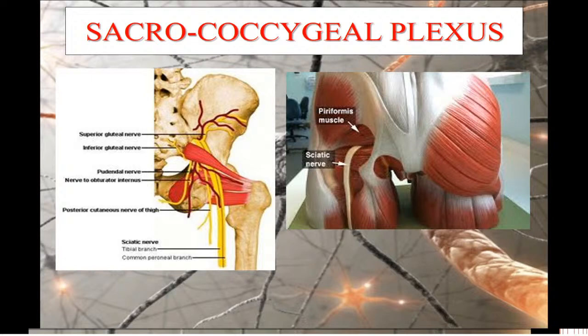This nerve then continues to the posterior compartment of the thigh, and pay attention, has no cutaneous branches in the posterior region of the thigh because it supplies the muscles of the posterior compartment of the thigh, such as the biceps femoris muscle, semitendinosus muscle, and semimembranosus muscle.